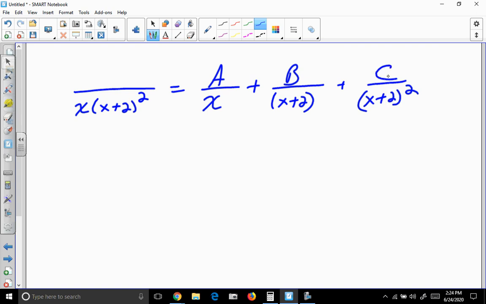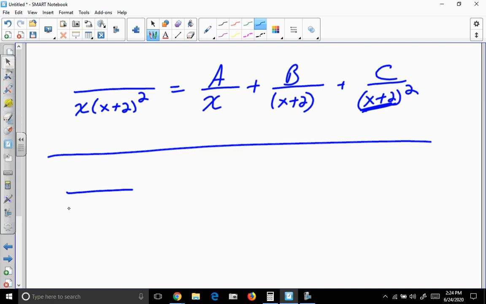Our numerator is going to be 1 degree less than the base factor. Even though when this is squared, that would become quadratic. Since our base factor is x to the first, then that's only going to be a constant.